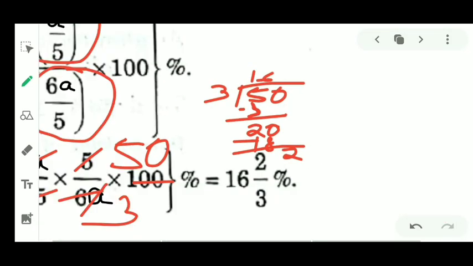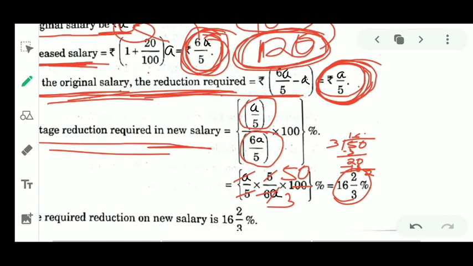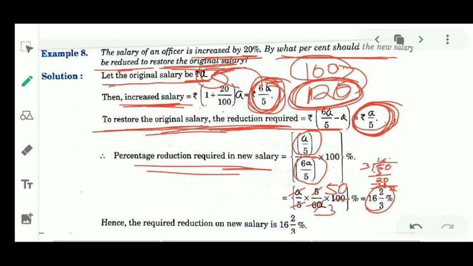So the mixed fraction will be 16 whole 2 by 3%. So the percentage reduction required in the new salary equals 16 whole 2 by 3%. That is the answer.